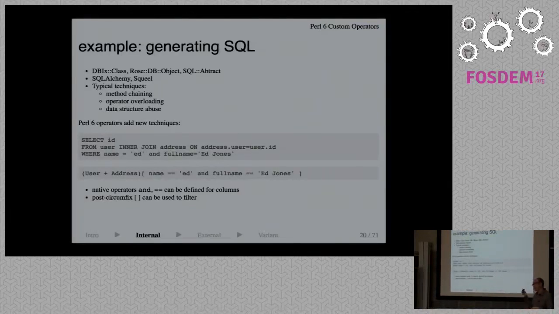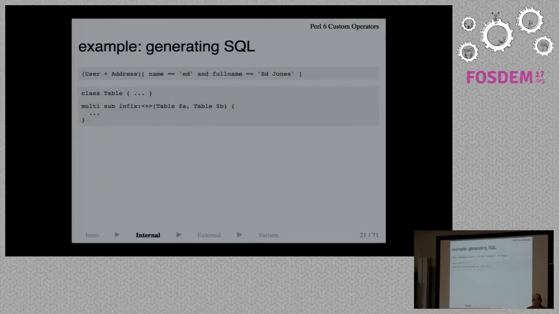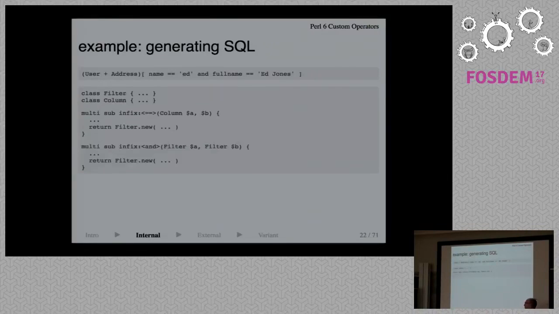We can use the post-circumfix operator to filter things. The way we would do that is we would have a table class, and then the infix plus takes 2 tables. So user and address would take 2 tables and generate something else.